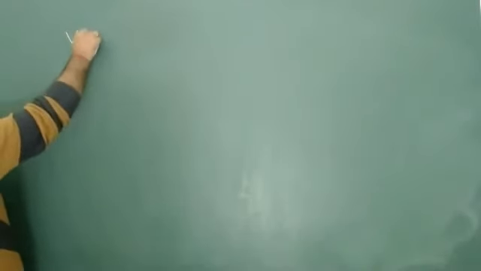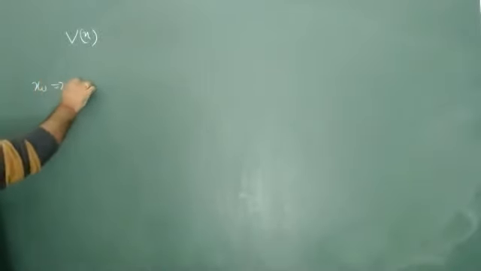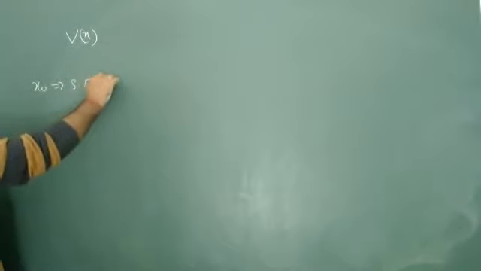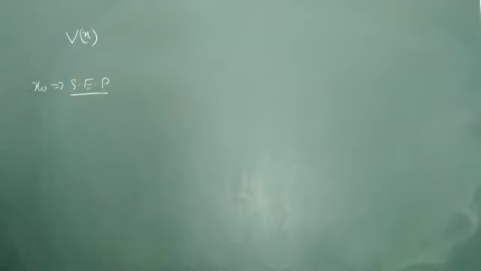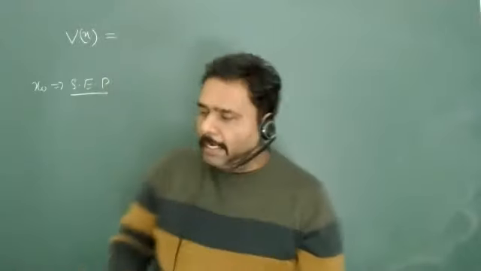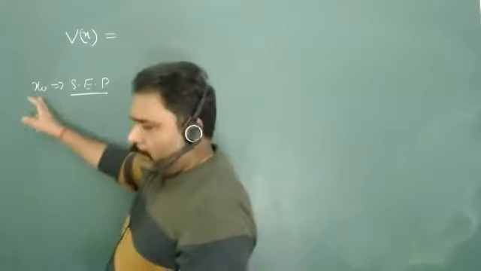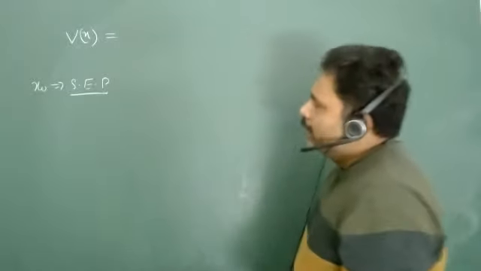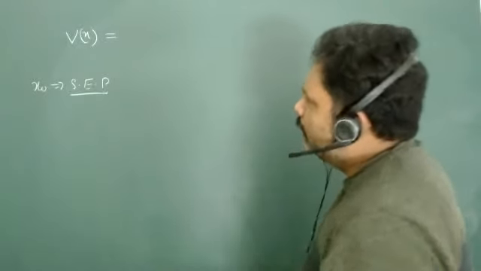So we have a potential, let's say V(x), and I have a point. This point is a stable equilibrium point. What we are going to do is the Taylor expansion of this potential about x naught.